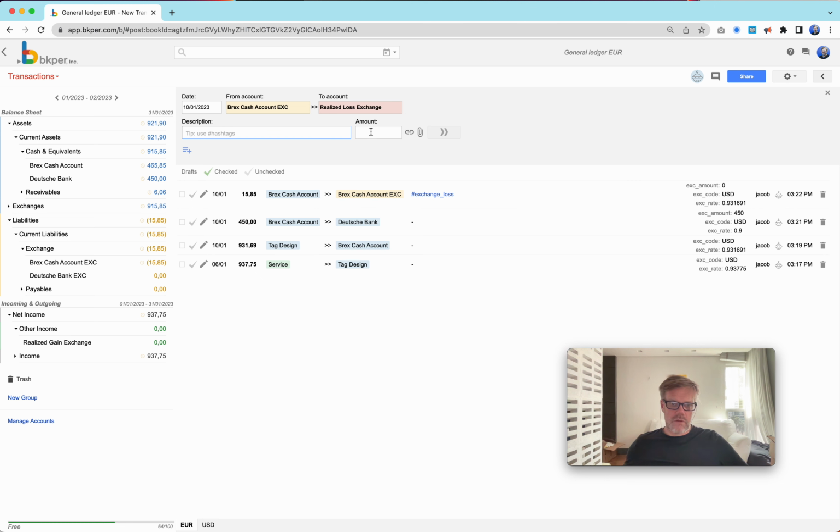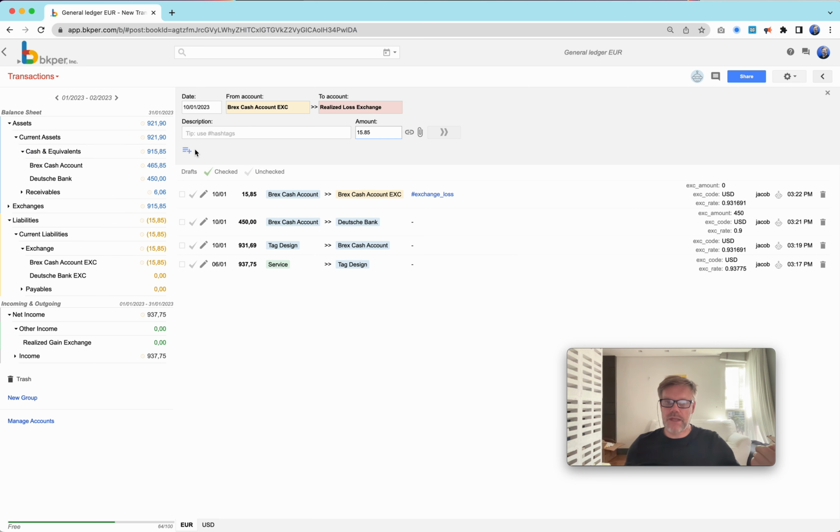Because it was a loss, and it's 15.85. Now, oops, sorry. If I book it like this, it will be replicated, and it doesn't make sense to book that loss in another currency. It's only a loss in the local currency.